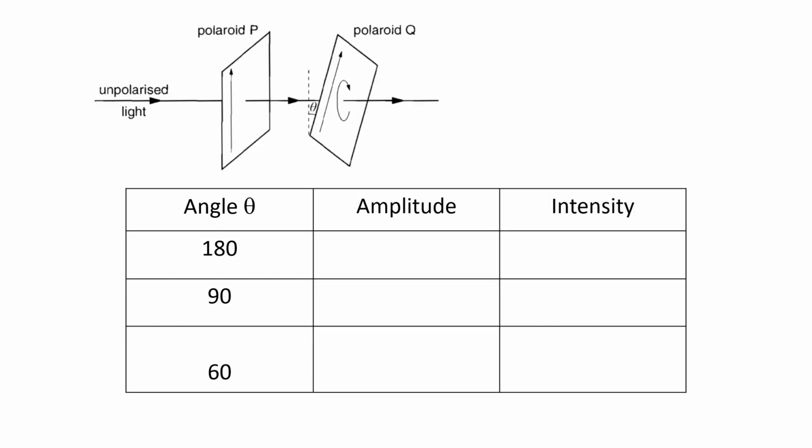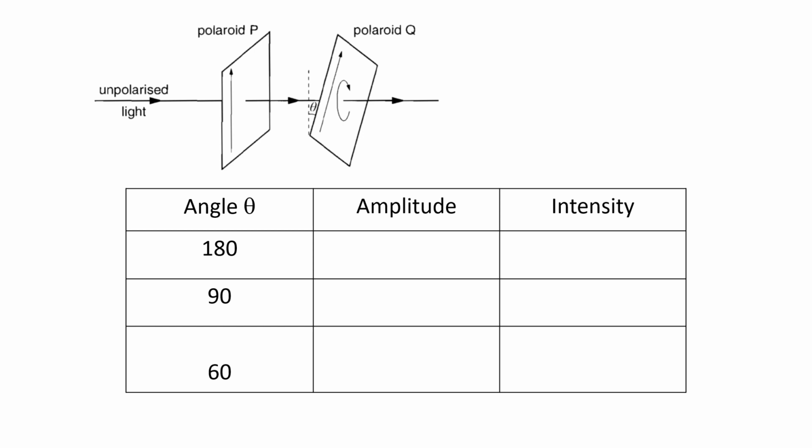For part D, now polaroid Q is being turned, and you are supposed to deduce what will be the amplitude and intensity of the light that will pass through polaroid Q. So if polaroid Q is being turned through an angle theta of 180 degrees, you can see from the diagram, you can imagine that if it's being turned 180 degrees, polaroid P and polaroid Q, the axis of polarization will be parallel to each other again.